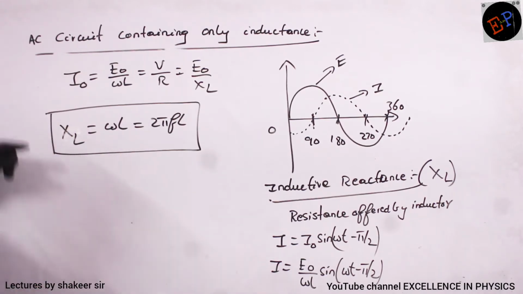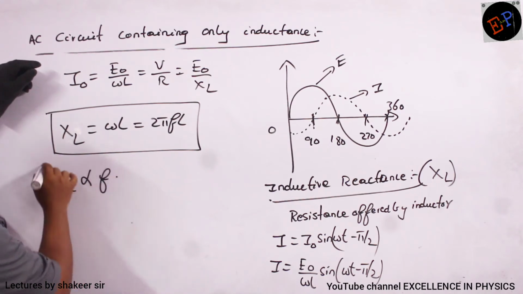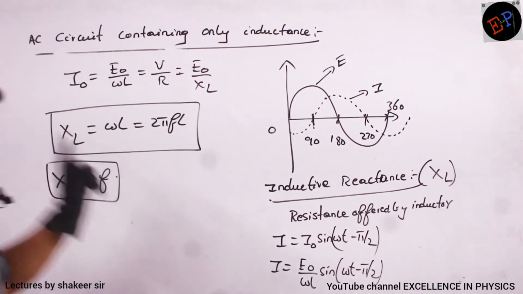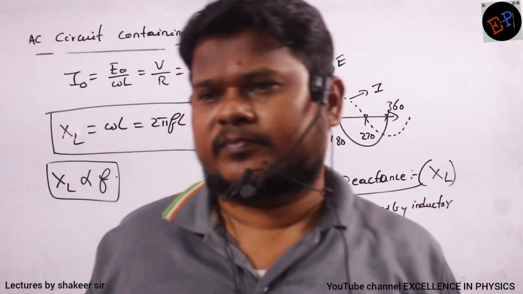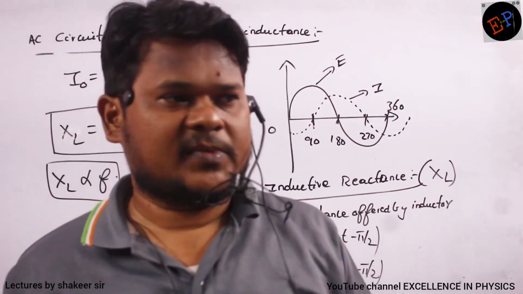One point which I can see here is that XL is directly proportional to frequency, no? XL is directly proportional to frequency. So if the frequency of the source increases, the resistance offered by the inductor also increases. Clear?